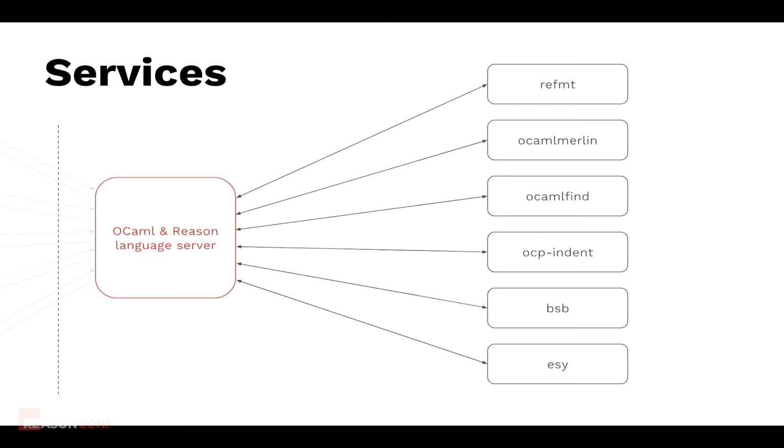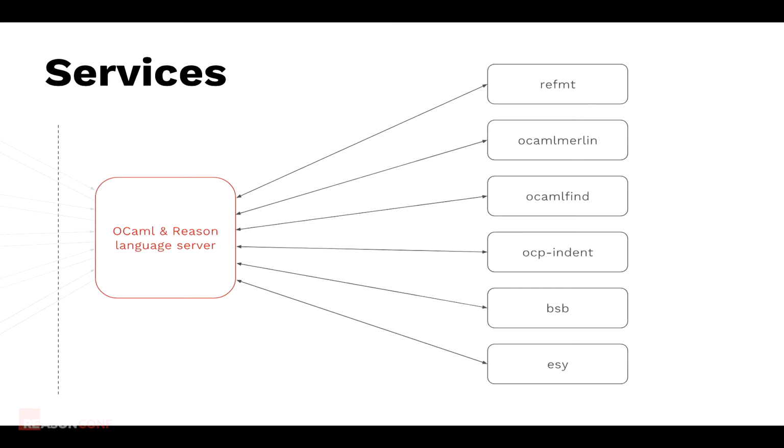Now we're looking at the other side of the equation, which is that the OCaml language server communicates with all the individual tools or applications, binaries, that are performing many different kinds of jobs. So the language server adapts to each of these individual tools, communicating with them in different ways, and it exposes one single interface to the editors.